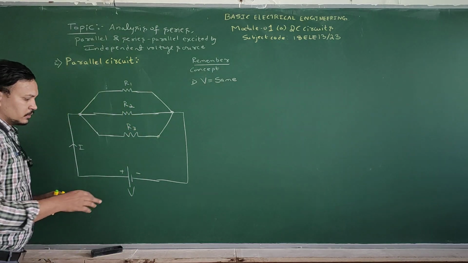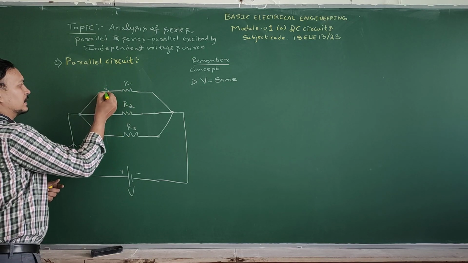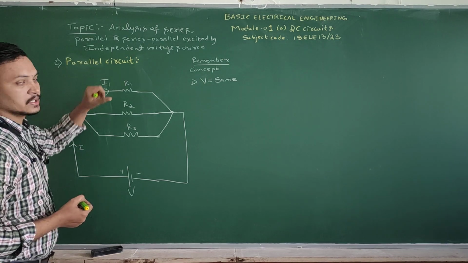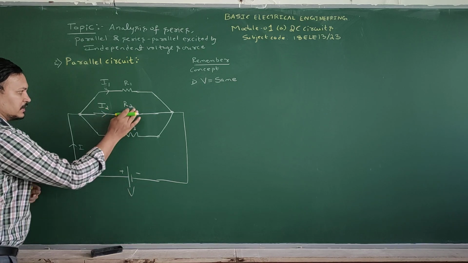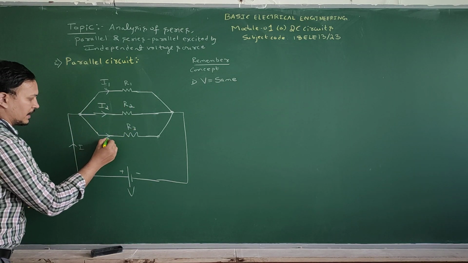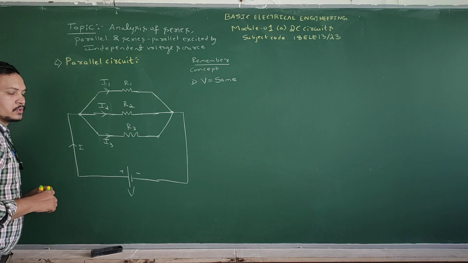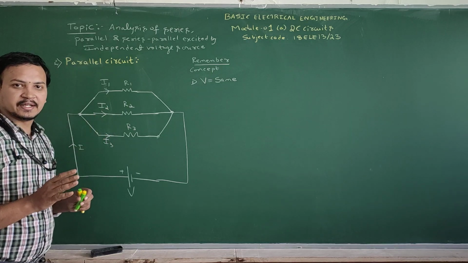Now this voltage divided by resistance, you will get the current in that respective resistor. Like I1 current flows in R1. Next, voltage by this resistance gives I2 current, and voltage by this resistance gives I3 current. So in a parallel circuit, the current flowing in each element will be different.